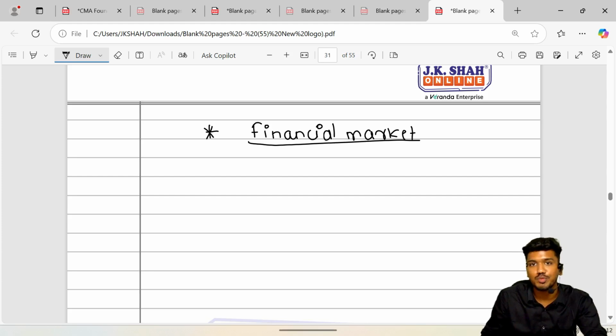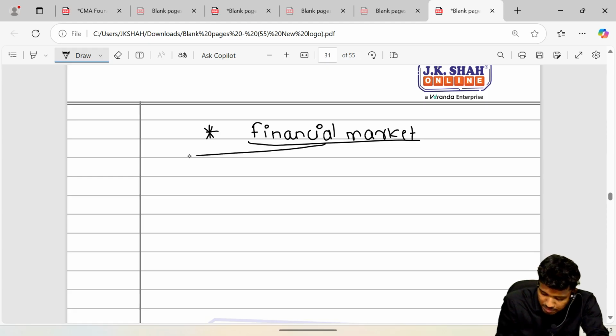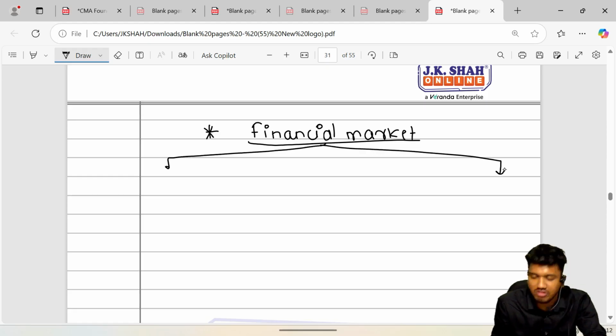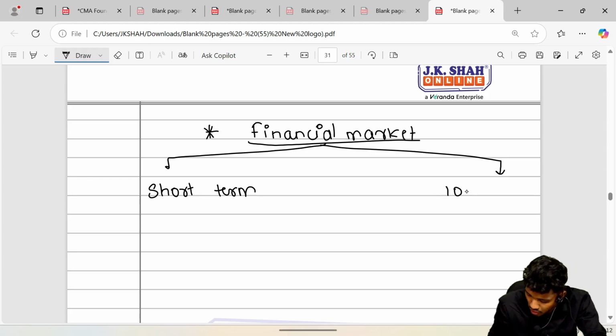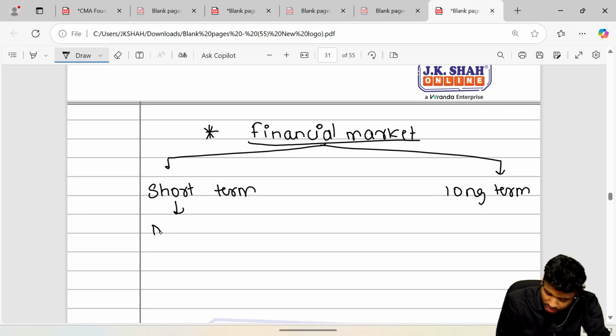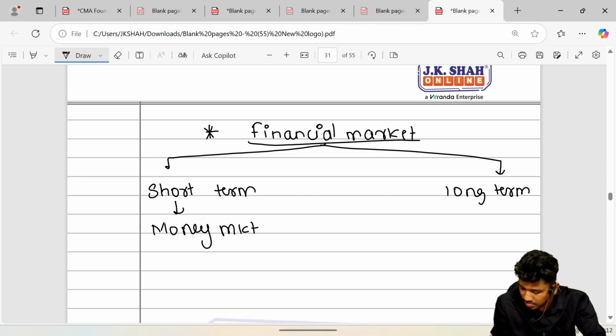The financial market is bifurcated on the basis of time period. That is, the financial market could be short term or long term. When it is short term, it is called the money market, and when it is long term, it is called the capital market.